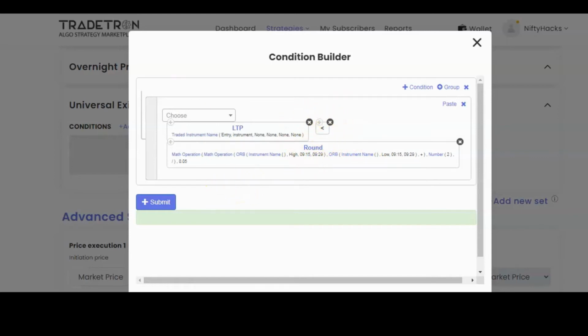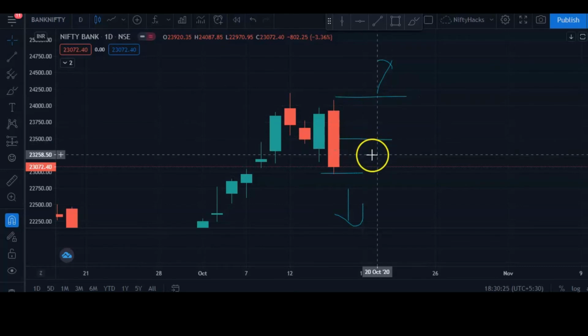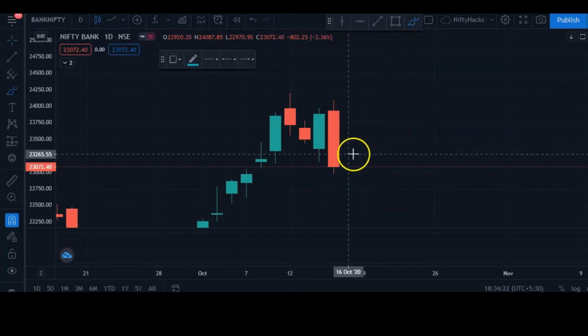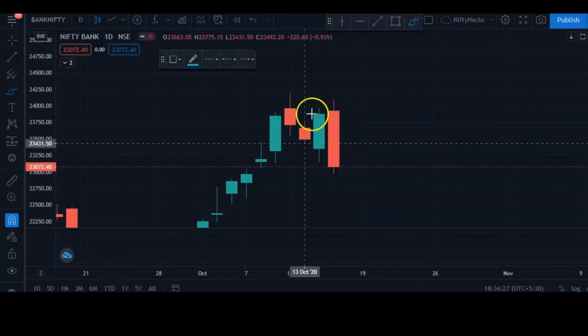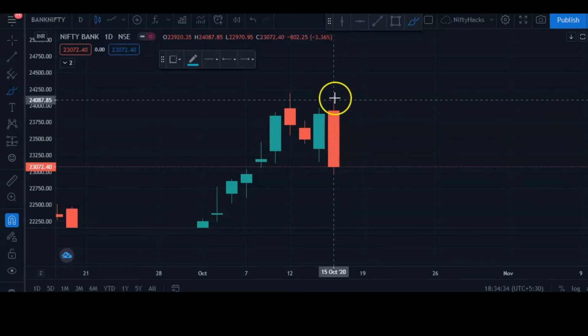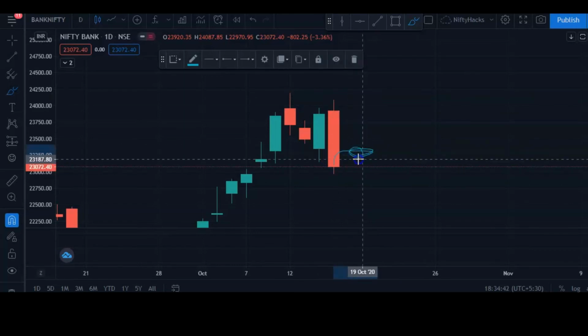Now suppose we want to exit at one third of the ORB candle, on its lower side, the lower one third. So how can we add this? Suppose someone bought something above ORB high, and wants to keep the SL at the lower one third, this area.